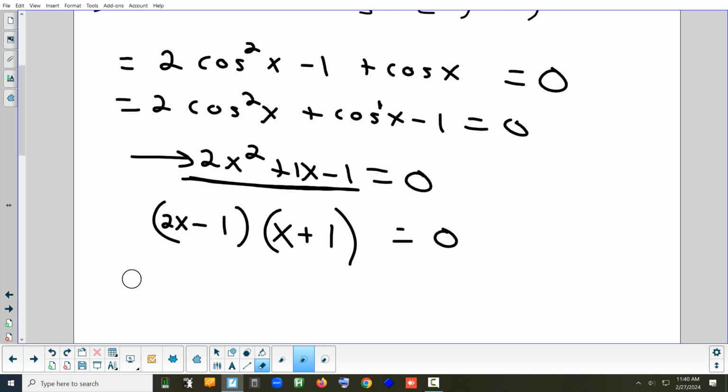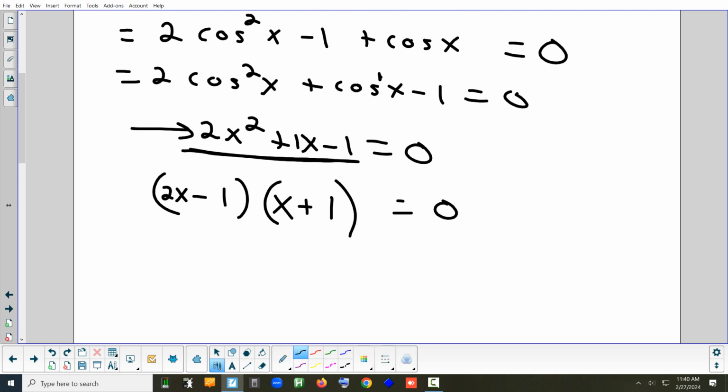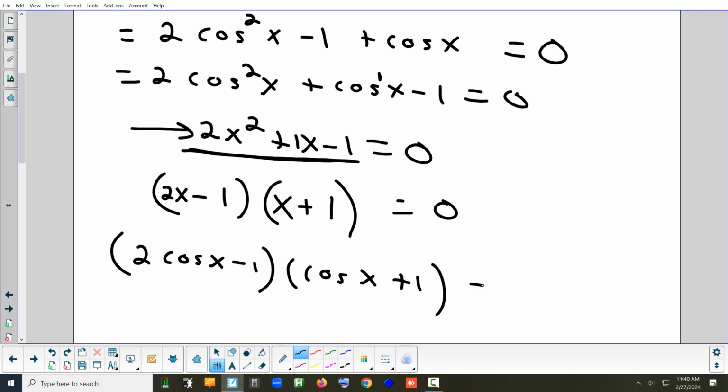So what this really factors into is 2 cosine x minus 1 and cosine x plus 1. But you never would have been able to factor it if you didn't know the double angle identity for cosine 2x. That was the point of this problem. You had to know the identity that we learned in this section.